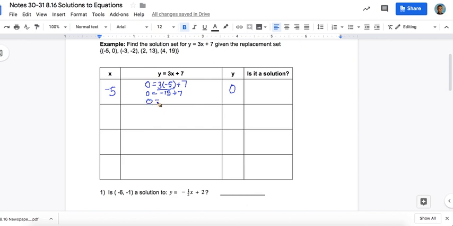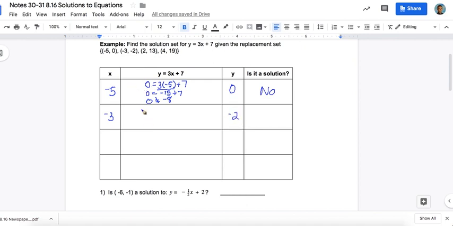And once again, nothing to do on the left side. -15 plus 7 is -8. So it did not equal 0. It equaled -8. So these are not equal, which means it's not a solution. So you write no.